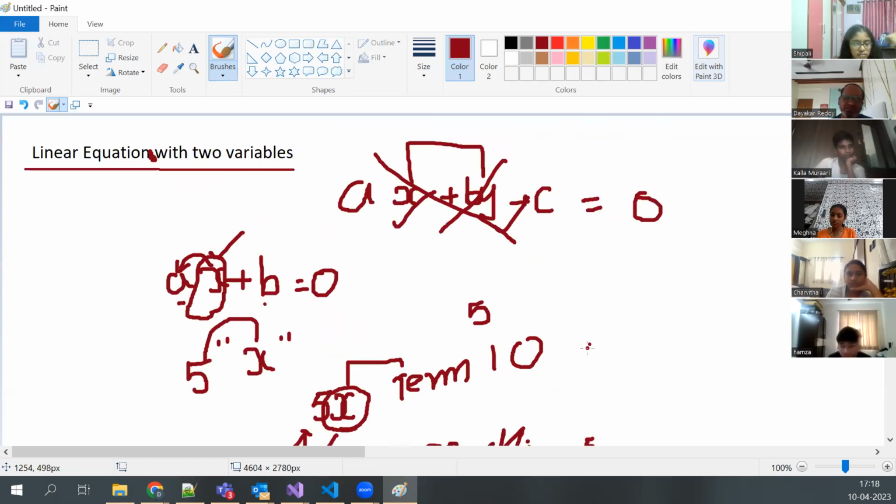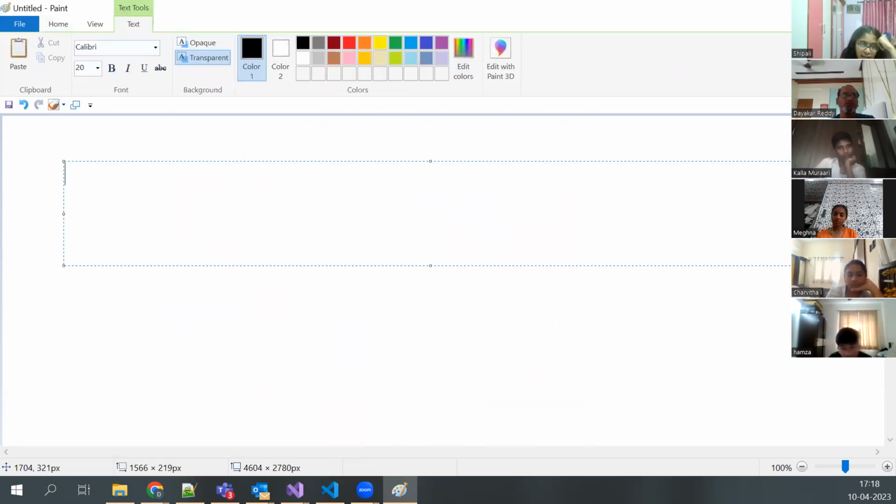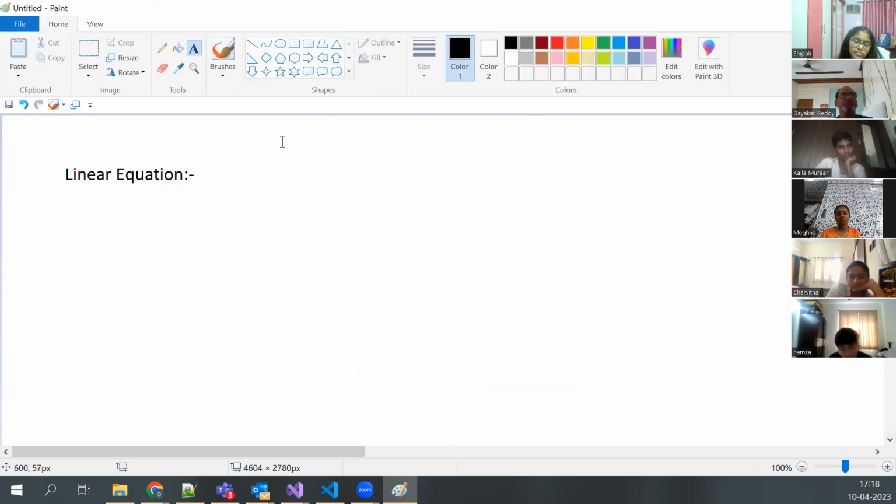So now, what is the general form of a linear equation with one variable? That's the next thing. We all know what is meant by a linear equation. What exactly is a linear equation?